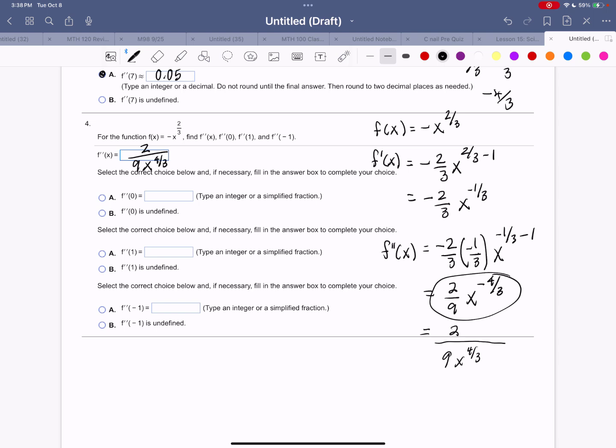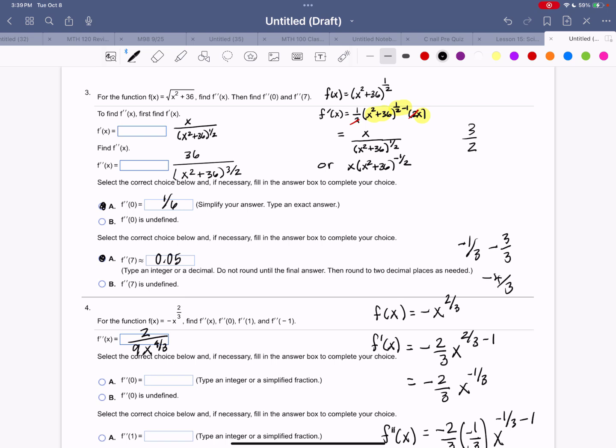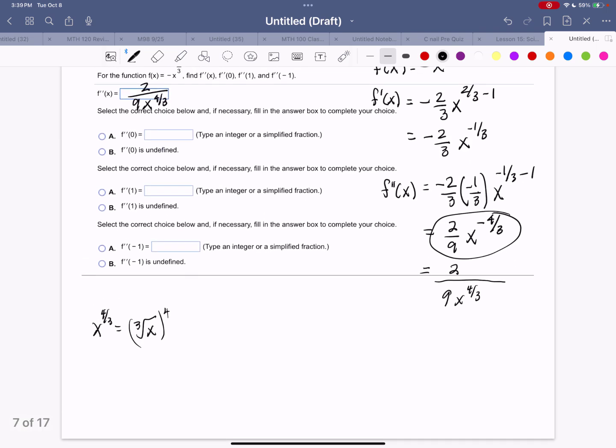Now, again, that x to the 4/3 means you take the cube root of x, and whatever you get, you raise it to the 4th power. Like up here, the 3/2 means if we had x to the 3/2, the square root of x, and then raise it to the 3rd. So we're going to have to do that here.